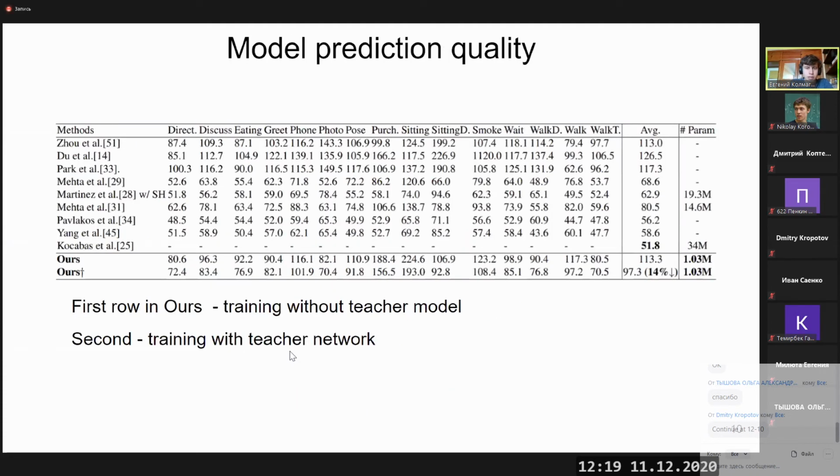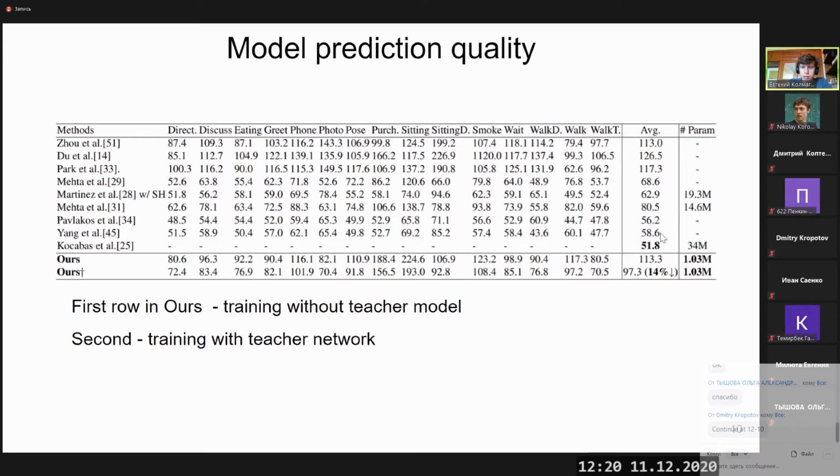Here are the results which the authors can get. As you can see, there are two equal rows at the bottom. The first row is training without the teacher model, and the second row is training with the teacher model. As you can see, the authors get some profit when they use the teacher model.